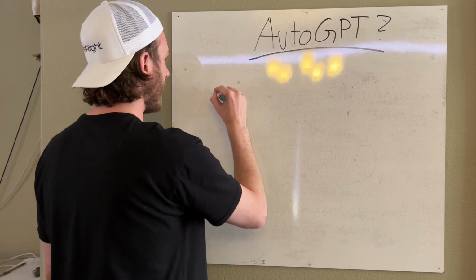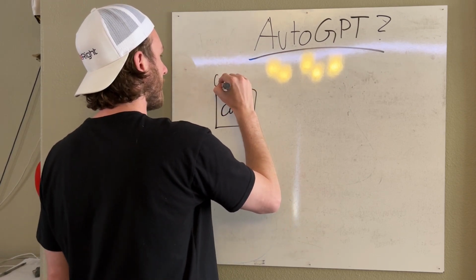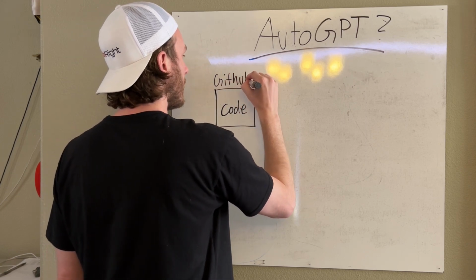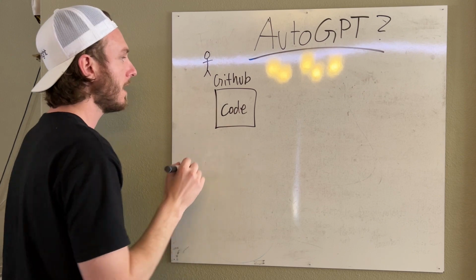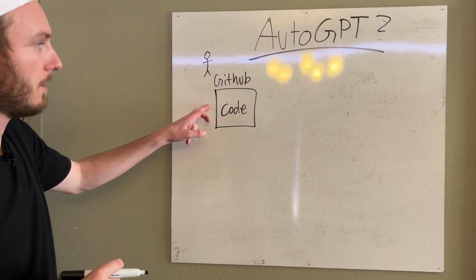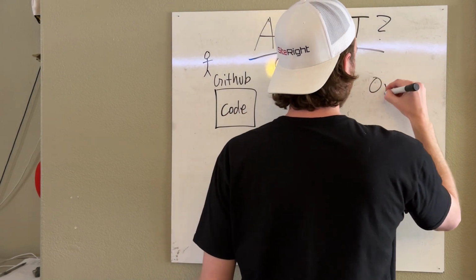AutoGPT is a new set of code that was released on GitHub by someone in the community, and this code allows you to interact with OpenAI in a new way.